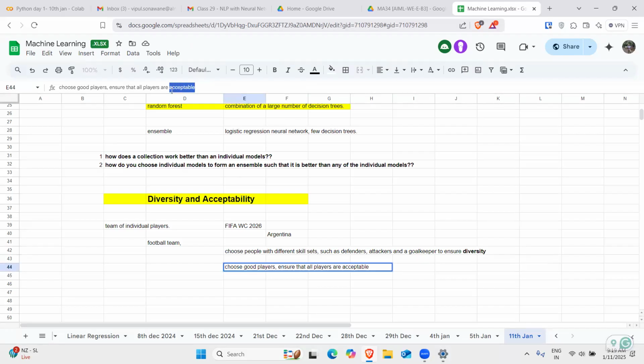Acceptable means you should have good quality players. It's not acceptable that you choose only the players you are familiar with.